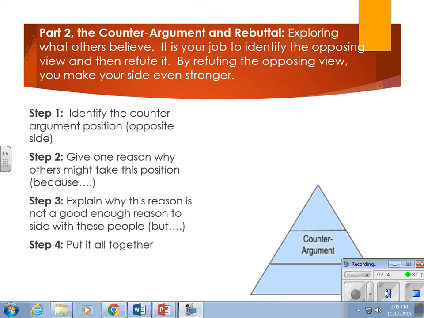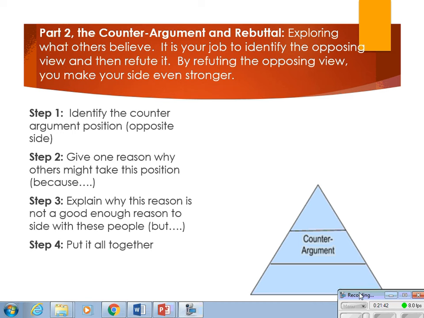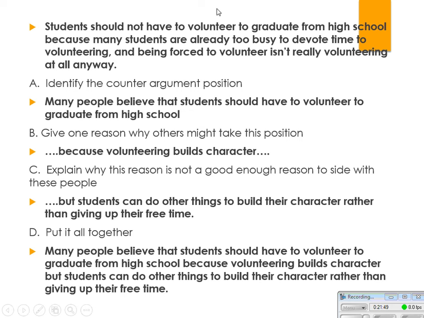So here on your screen, you see it here at the top, a thesis statement. Students should not have to volunteer to graduate from high school because many students are already too busy to devote time to volunteering, and being forced to volunteer isn't really volunteering at all. So the position that this writer has taken is that students should not have to volunteer to graduate from high school.